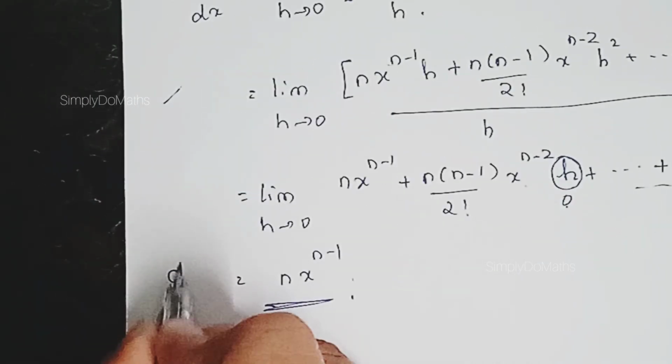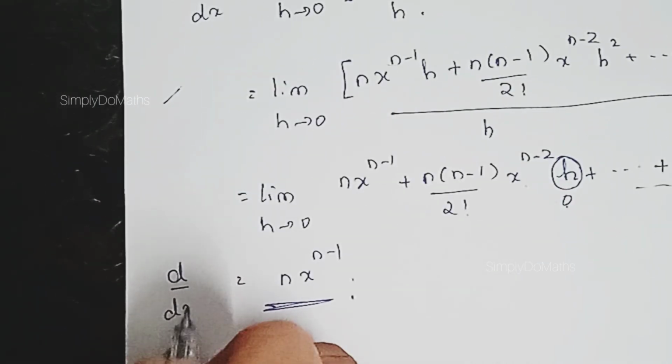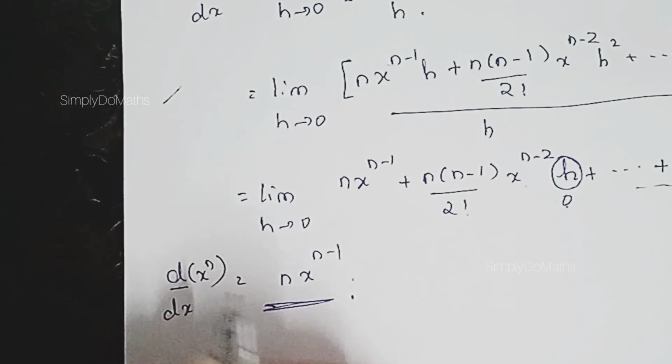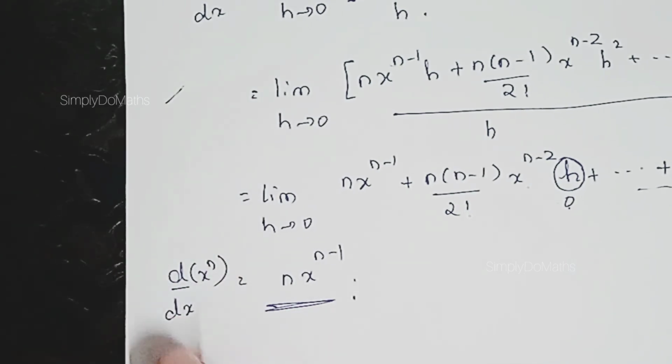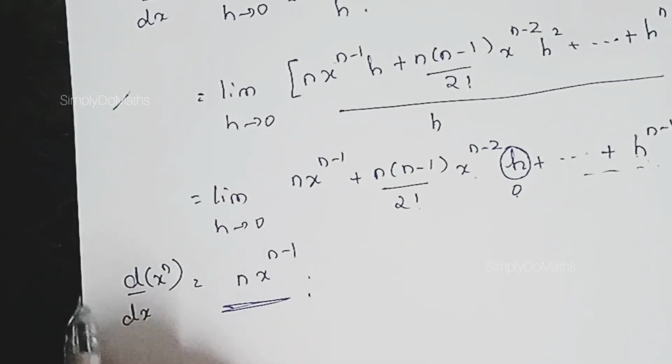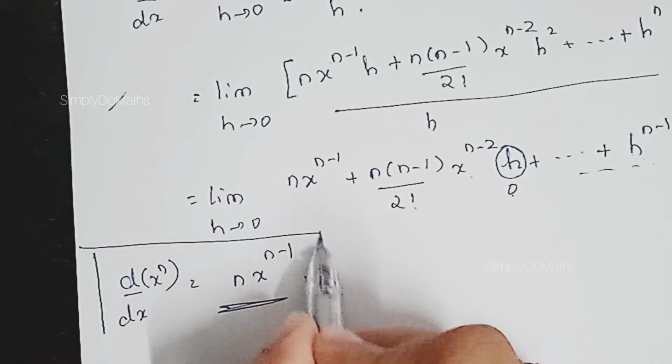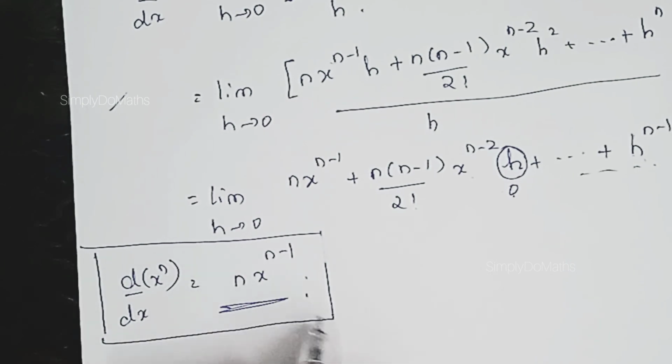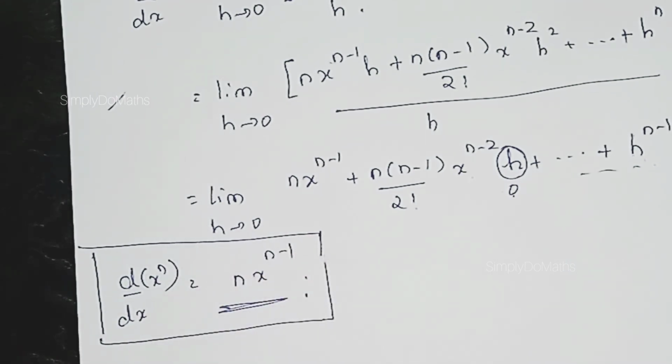So this is the value of the derivative of x raised to n with respect to x. dy by dx is n into x raised to n minus 1, which is a very important formula to keep in your mind. Okay, let us meet with one more problem in the next class.